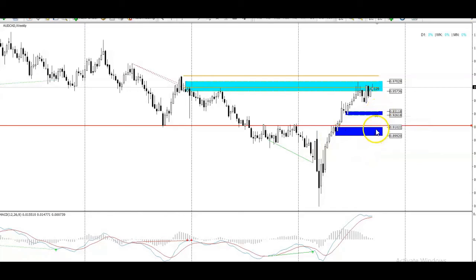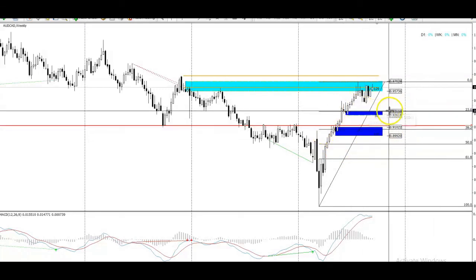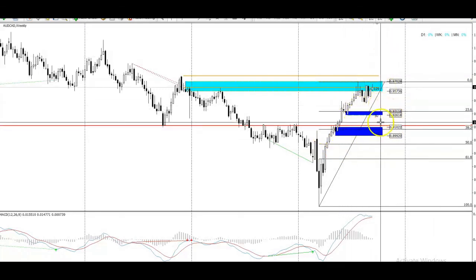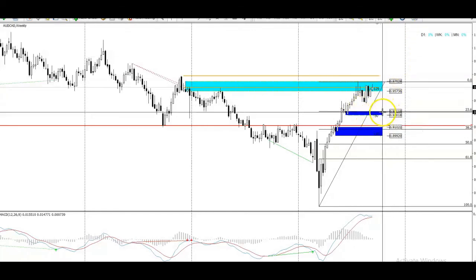What I like to do also is line up my take profits with Fibonacci areas, and you can see this area here lines up with the 38.2 fib, and this area, if this is going to be another huge move up, will be a nice 23.6 fib rejection and a move to the upside.